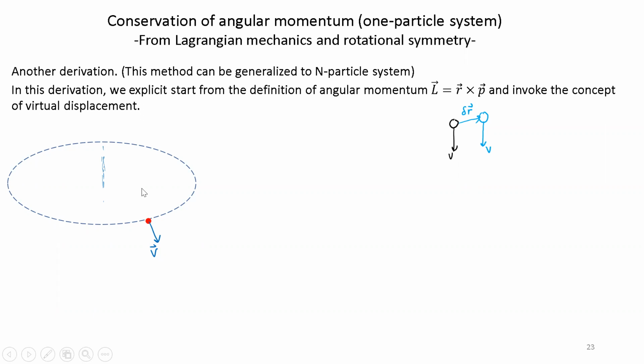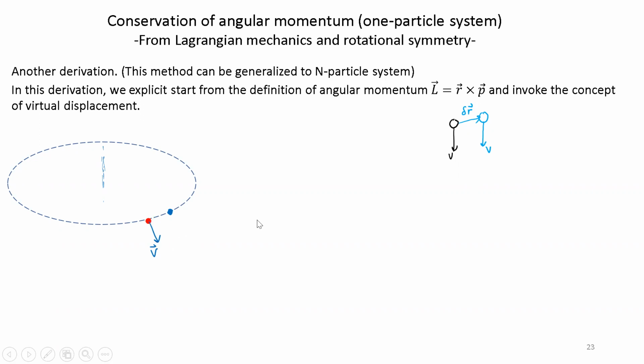What happens is that the particle will be somewhere here now. And when you do that, you actually will also change the direction of the velocity vector.